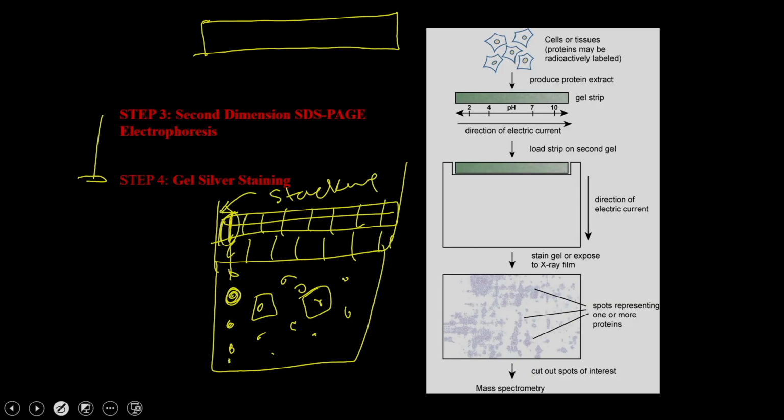So, typically, what we have discussed so far is that you first take the cell or the tissue and prepare the extract.